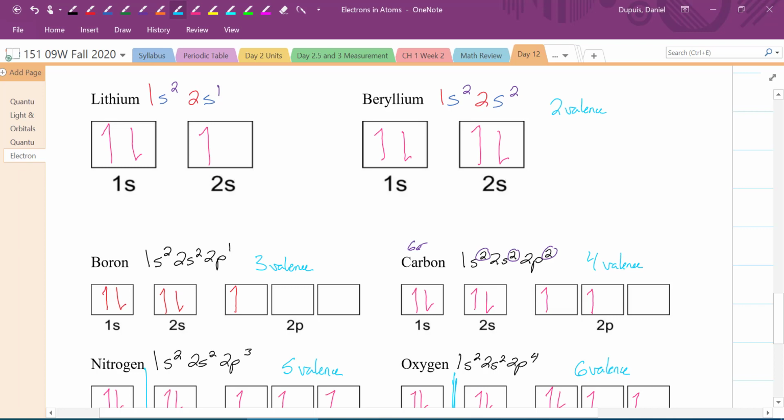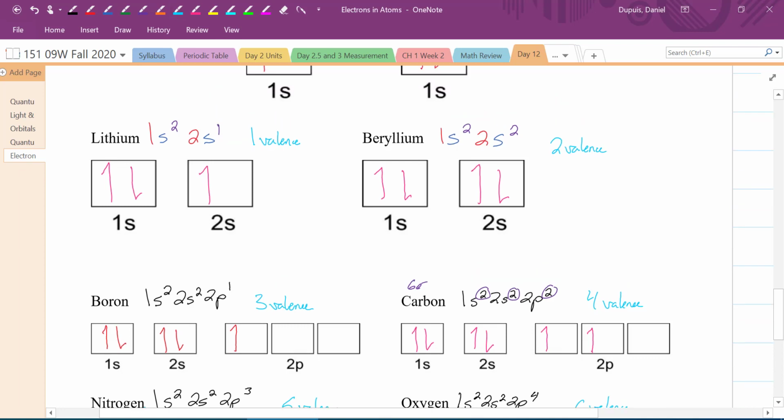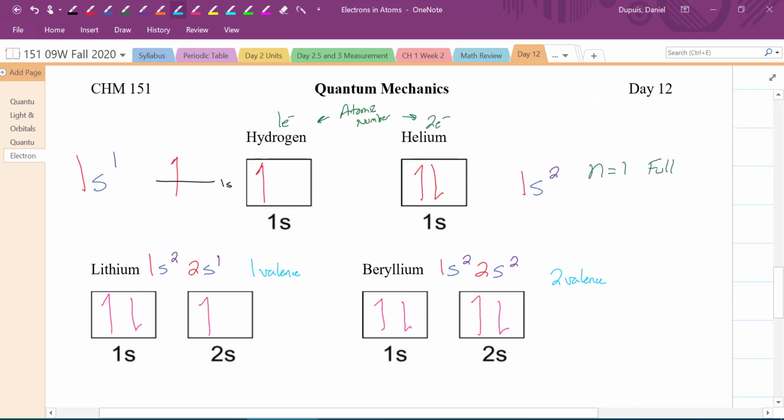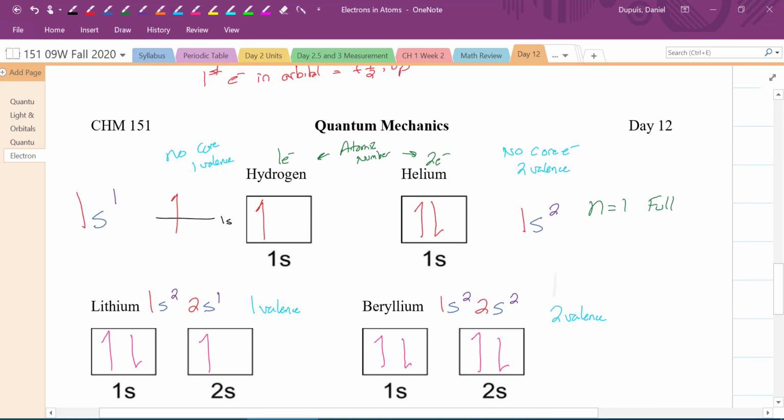And lithium has 1 valence. Now, what about helium? Helium has no core and 2 valence. Hydrogen has no core, 1 valence.